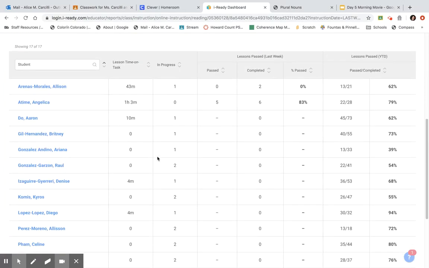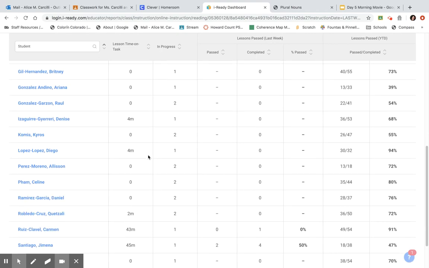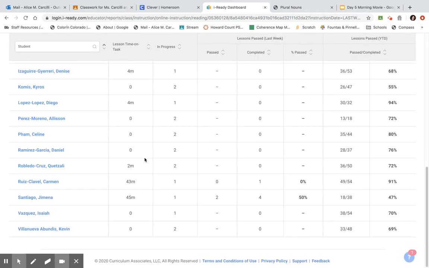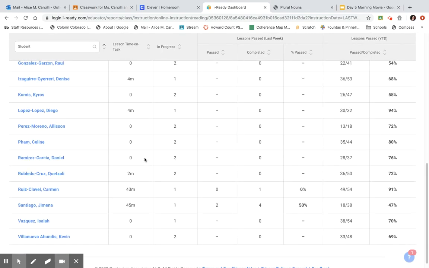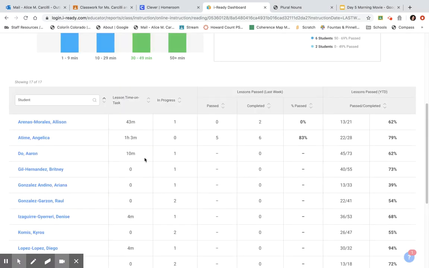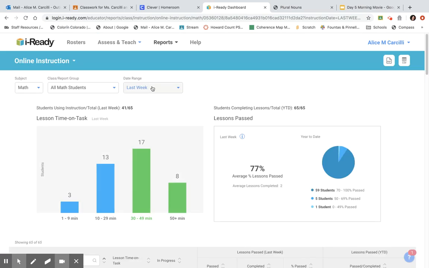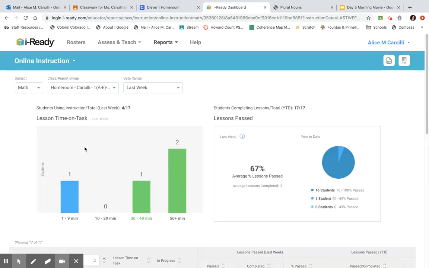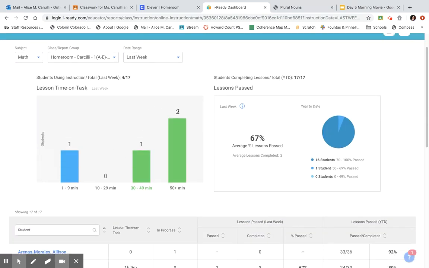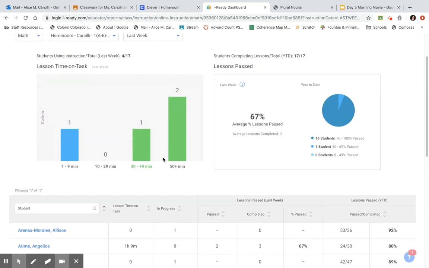And you guys can find your own names. I'm not going to call anyone out by name, but you can see who was on it and who was not on it. Okay, so this is for reading. Let's take a look for math. Last week, just my homeroom. Okay, so just looking at this chart right here for math, only 5 of you went on iReady at all last week for math.